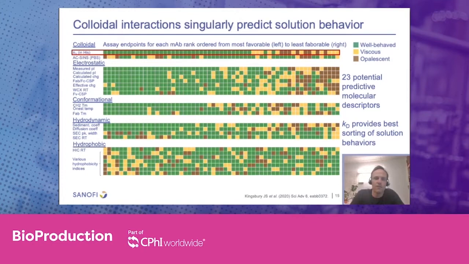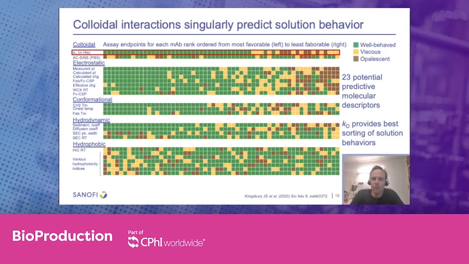The leftmost box corresponds to the antibody with the highest positive KD value, so most self-repulsive, and the rightmost box corresponds to the antibody with the most negative KD value, or most self-associating antibody, and then they're rank ordered in between.